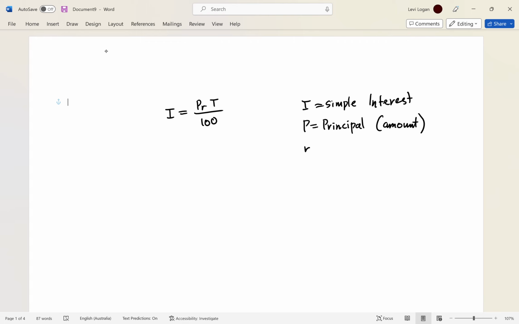R is the rate of interest per time period.